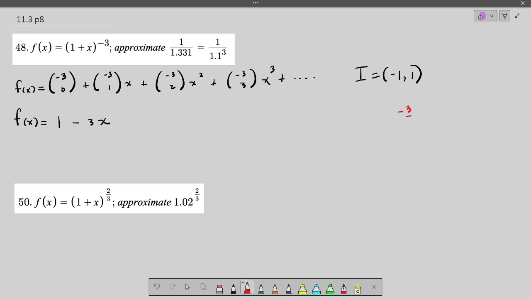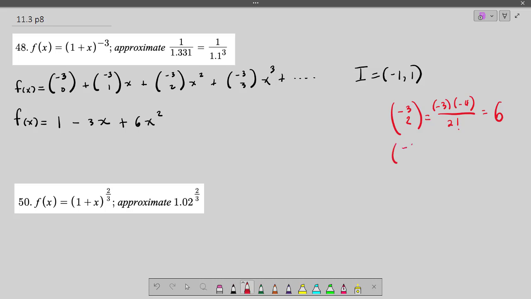Negative 3 choose 2. We start with negative 3, and we do repeated subtraction of 1 until we have 2 factors. So we're going to end up with 12 divided by 2, which is 6. So that's going to be our third coefficient here, so 6x squared.